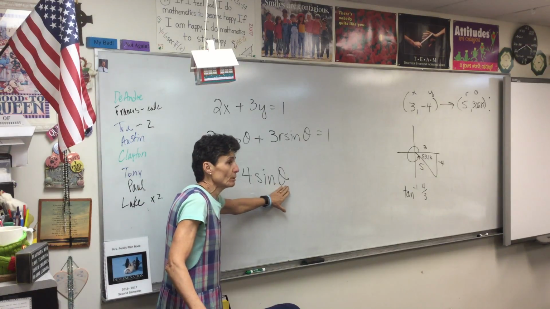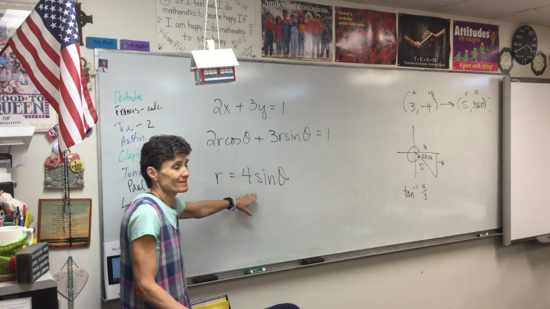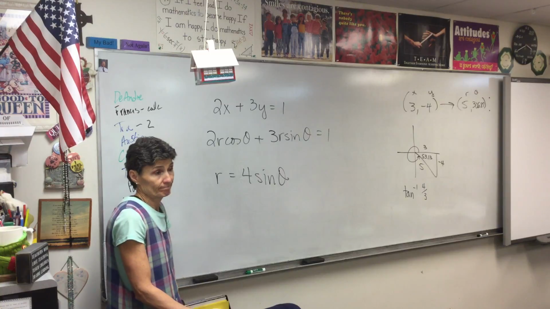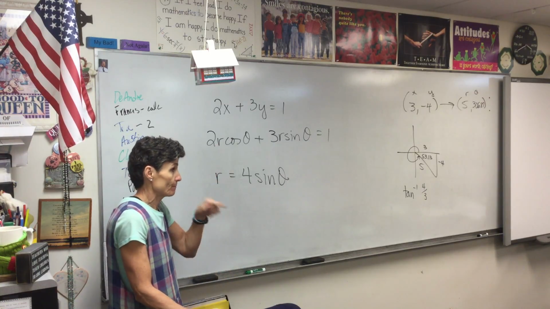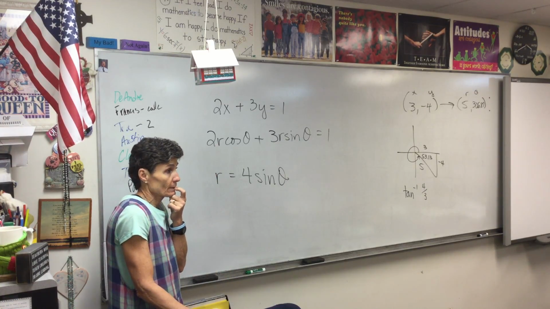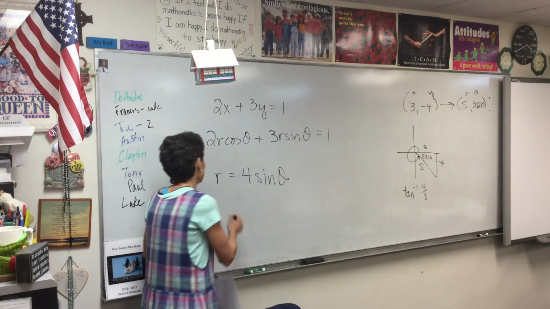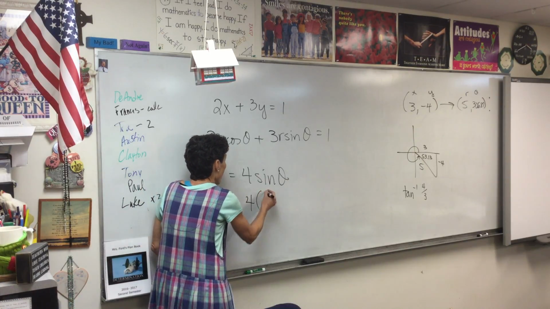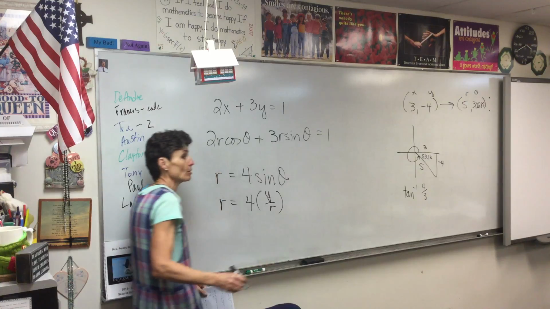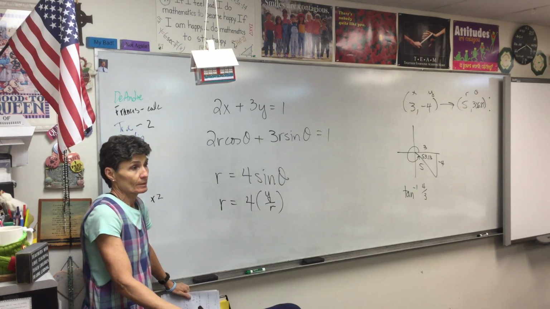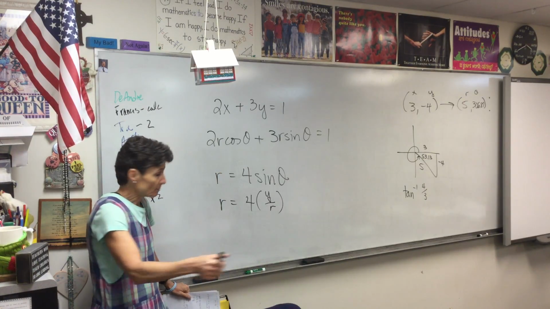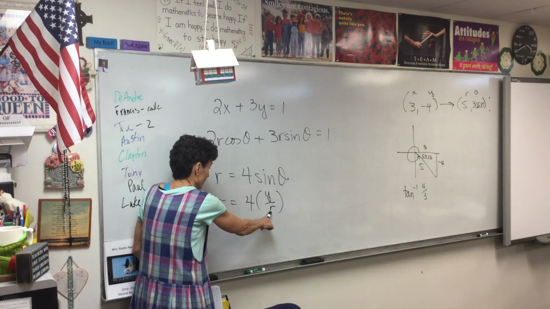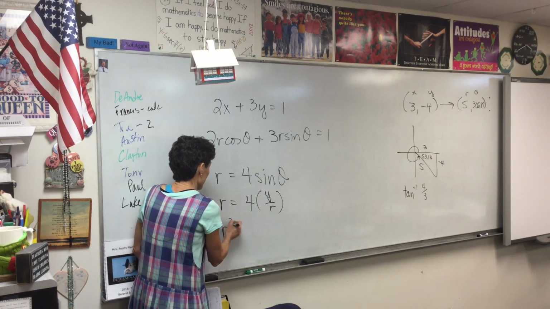First thing we do is put in our function. What is sine equal to? It's a fraction. Y over r. So I put in y over r for my sine. Then I multiply by whatever my denominator is, so that would be r.